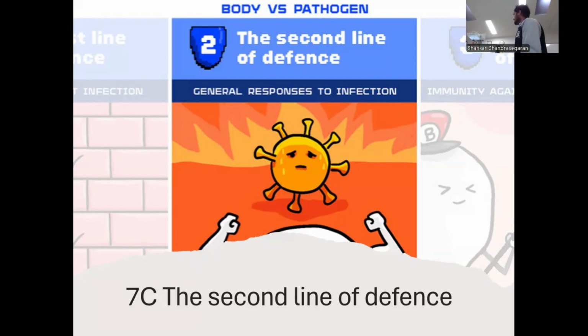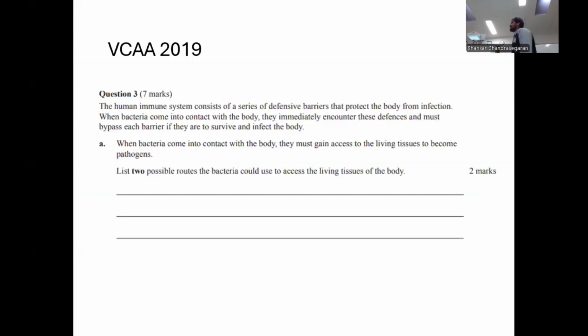Okay, so just as a quick recap, the first line of defense was all about defense, right? Making sure either one, they don't get in at all, right? There's a physical barrier that's stopping it from getting in. Or second, there's a chemical barrier that's also preventing any microorganisms from getting a foothold in any places that they can potentially get in.